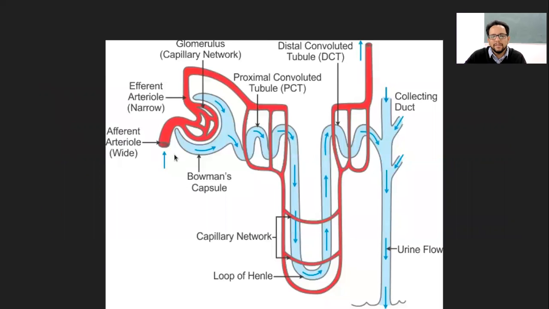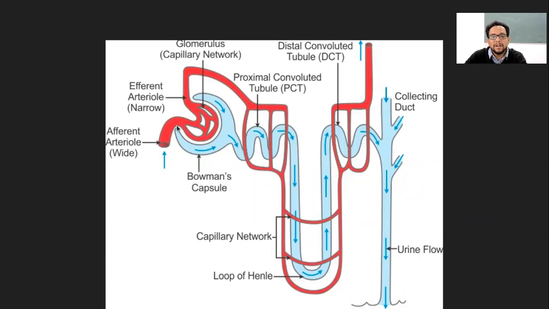So what happens now, I will explain a bit of mechanism as well here, because it will be important to understand this concept. When the blood is flowing through this capillary network, it has a small pore size. That means this network is porous. So the blood vessels here within the glomerulus are porous, because of which the blood will be filtered out.